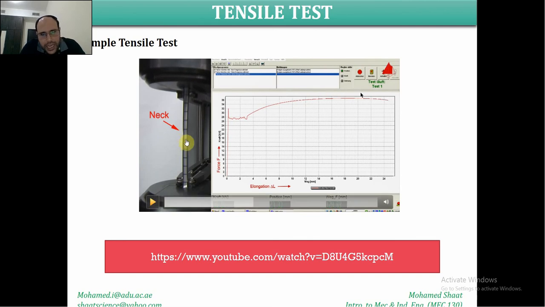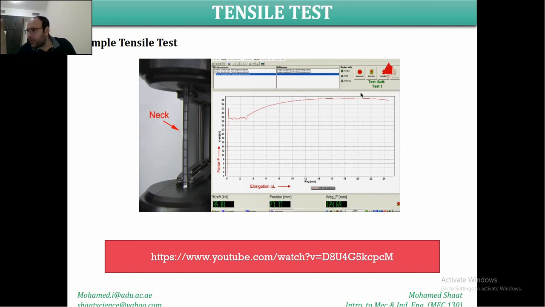As you can see, the neck has been formed here. It became very thin in the middle, right? This is known as the neck, and it is going to take place at this point. This point is known as the necking point, at which the force is going to be maximum. So this is the maximum force that this material can withstand.